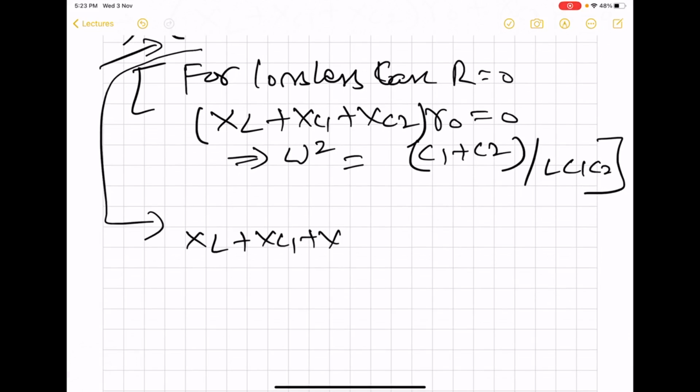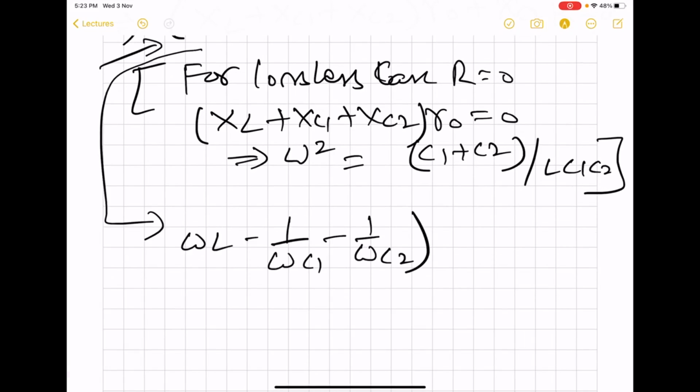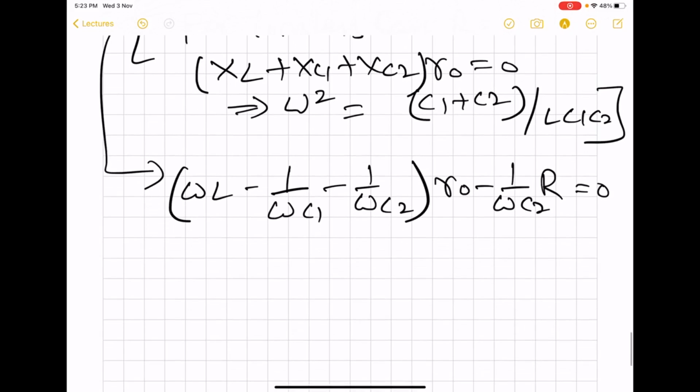This is already equal to 0. So we can substitute each of these terms by their expression. That means omega L minus J will cancel out from every term. So this is what we get for the lossy case.